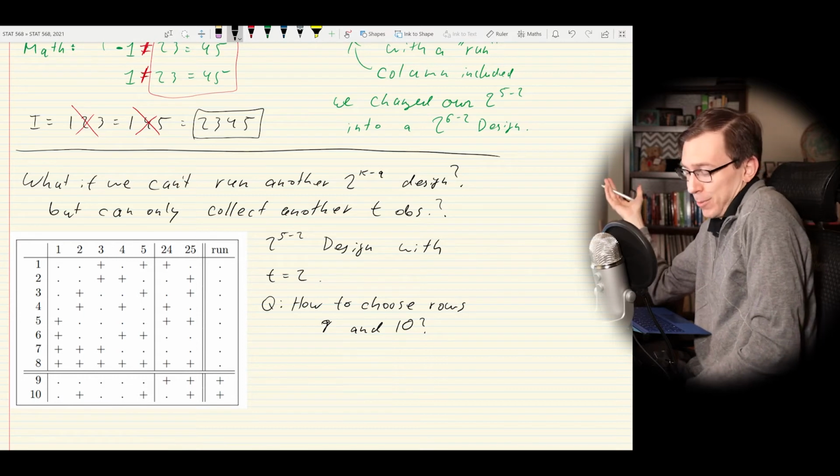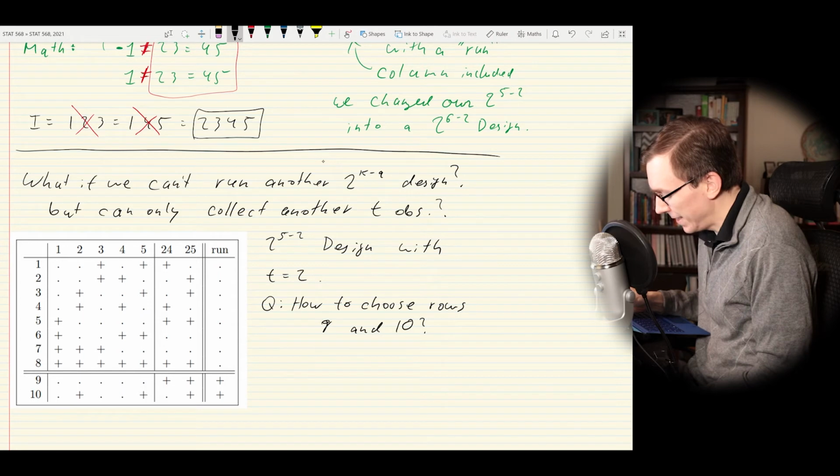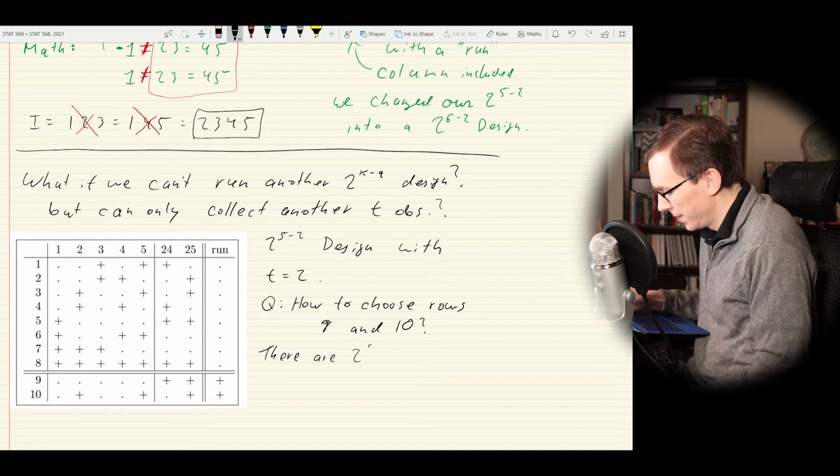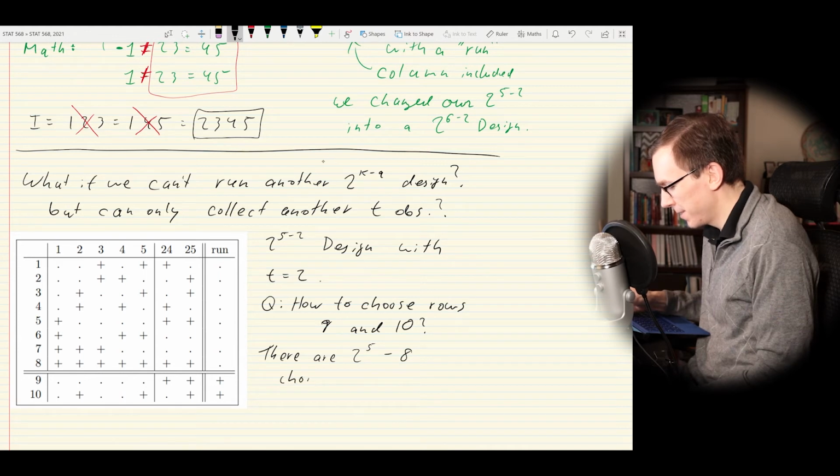So then the question is, what else can we do? There are, in this example, 2^5 minus 8 choices.